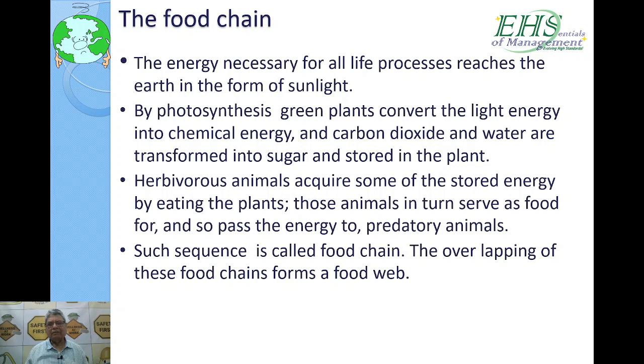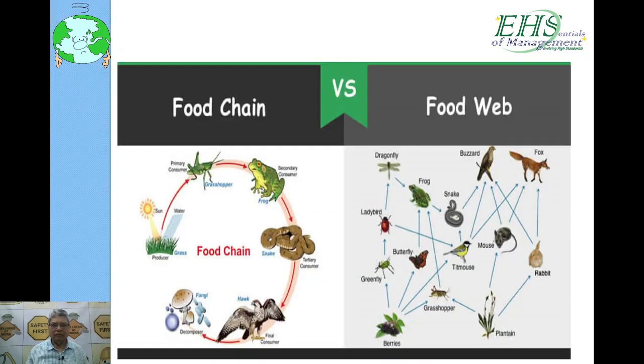Herbivorous animals acquire some of the stored energy by eating the plants. Those animals in turn serve as food for, and so pass the energy to, the predatory animals. That means the deer eats grass and the tiger eats deer. So the grass is the food of deer and deer is the food of tiger. Such a sequence is called a food chain. The overlapping of these food chains forms a food web.